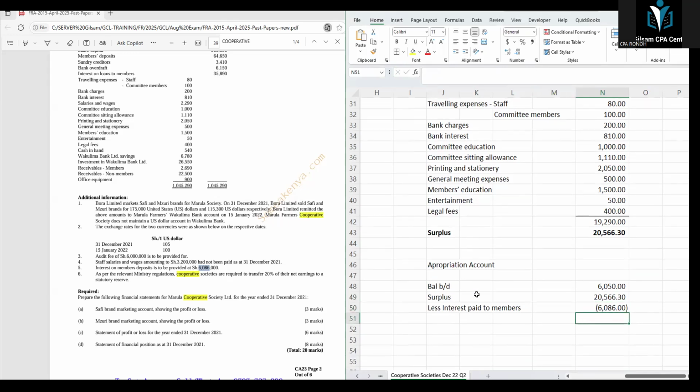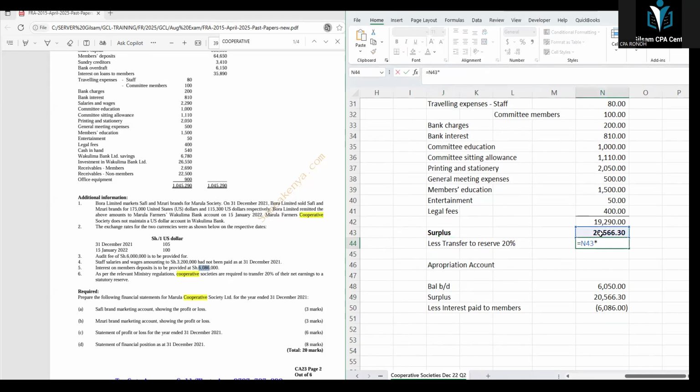So what is our, I think these are the only ones. No, but before this, there is a transfer. Number 7, transfer to the net earnings. So first, before we take that, we have to less the transfer to reserve. We have been told 20%. So 20% of this will be transferred.